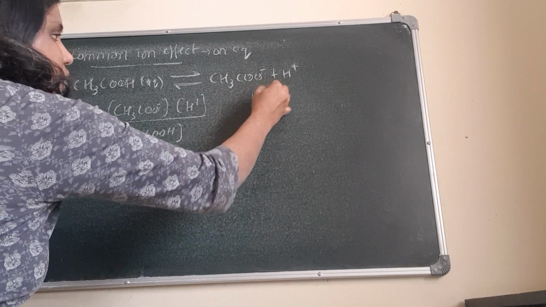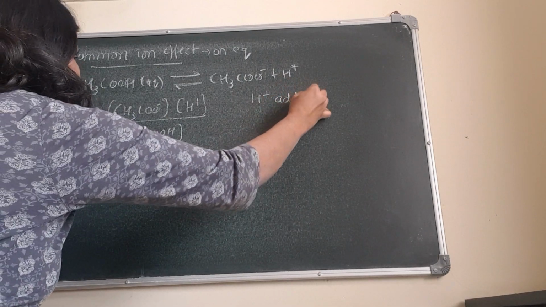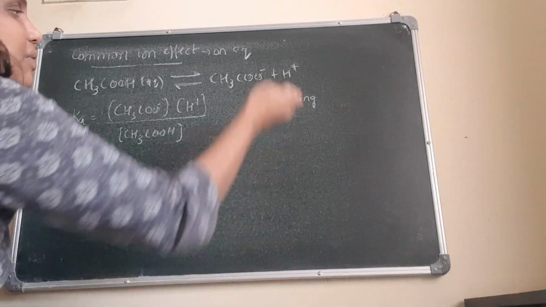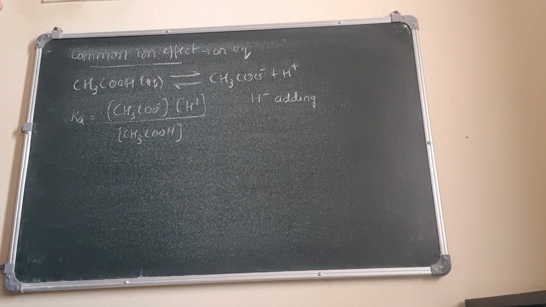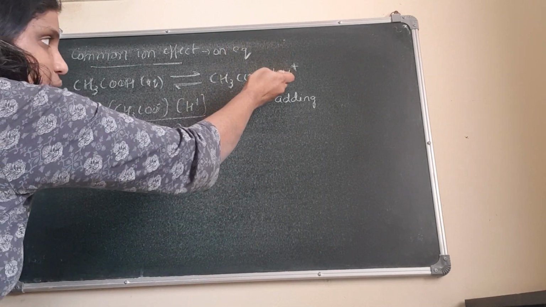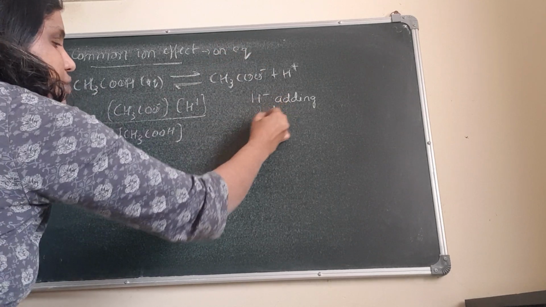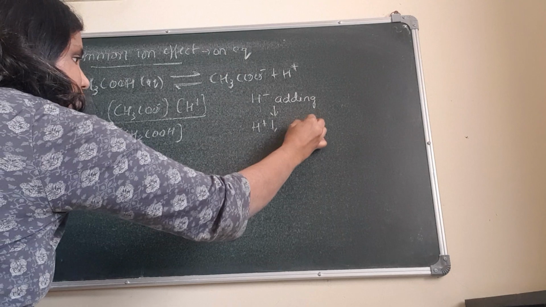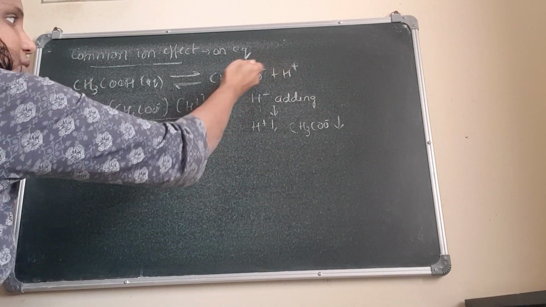If I add H plus ions, after equilibrium is established, I'm adding more of H plus ions. According to Le Chatelier's principle, if H plus is more, the system should reduce it so that equilibrium is re-established. So it will react with the acetate ion, and CH3COO minus concentration also decreases, because this is reacting.